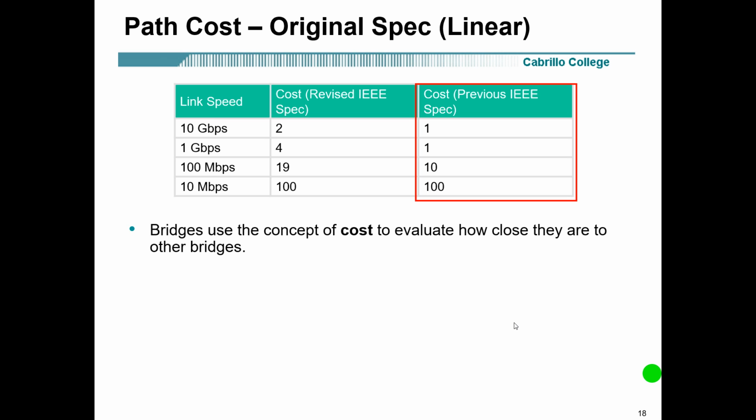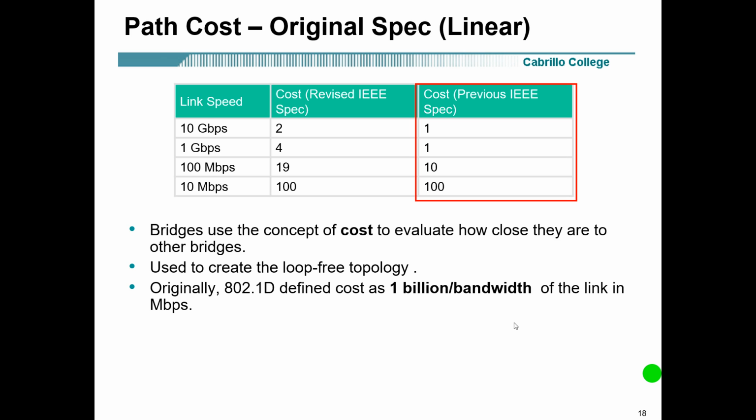Again, we've already looked at the original specs for path cost. Bridges use the concept of cost to evaluate how close they are to the other bridges. We need to make sure that we understand the previous and the revised IEEE link speed values. It's used to create our loop-free topology.